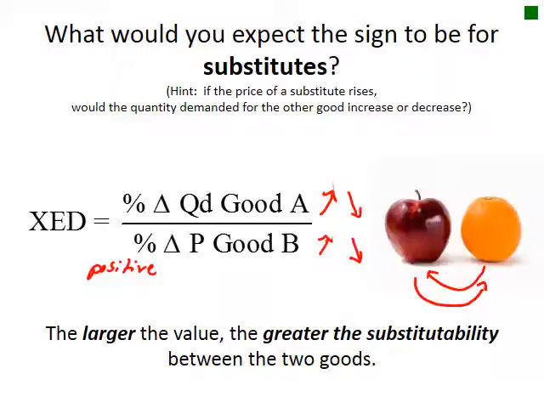So in this case, it's going to be positive. Again, try not to memorize this, but quickly give yourself an example. The larger the value, the greater the substitutability between the two goods.